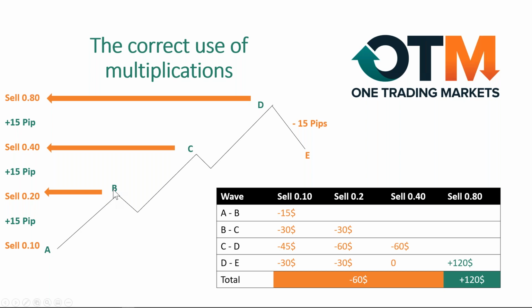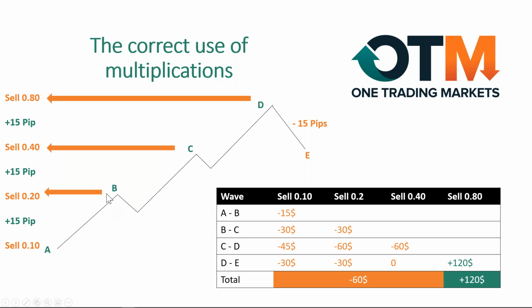In case the market goes from B to C, when I take the 0.4 position, I have to move my take profit from point A to point B. So always the take profit for all of the positions that I'm opening has to move with me. Every time I'm adding a new position, I have to move the take profits for all of the positions by 15 pips.